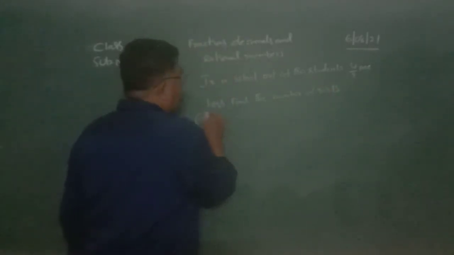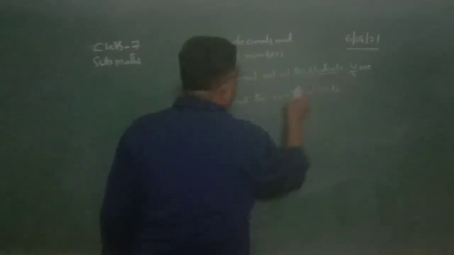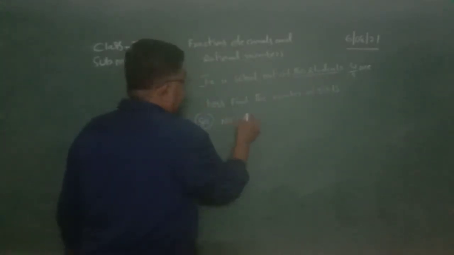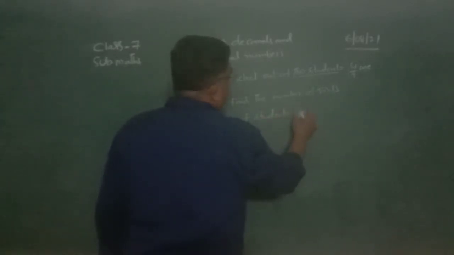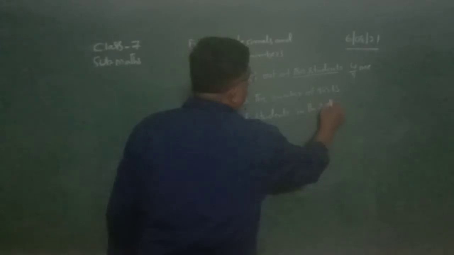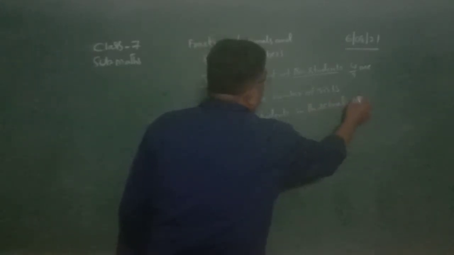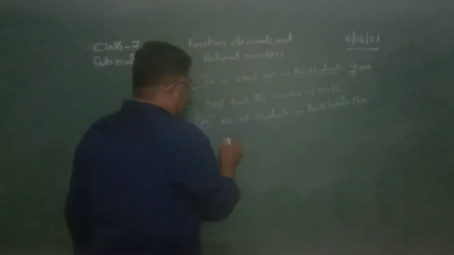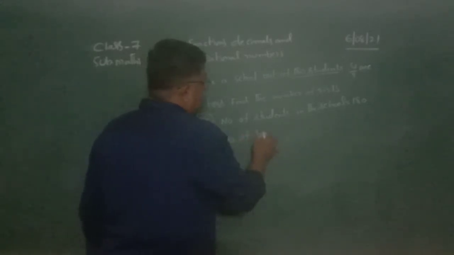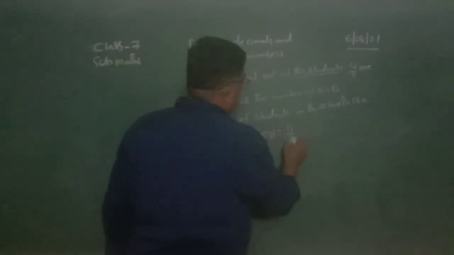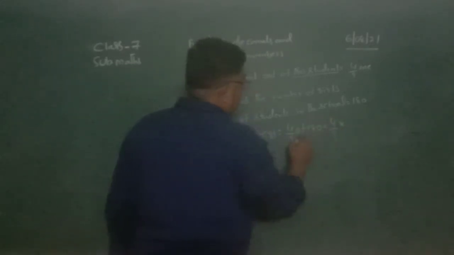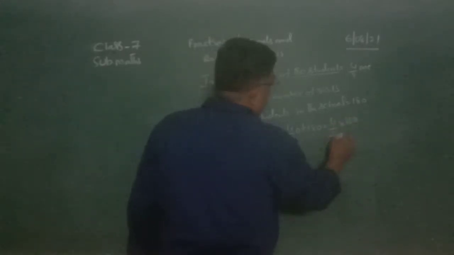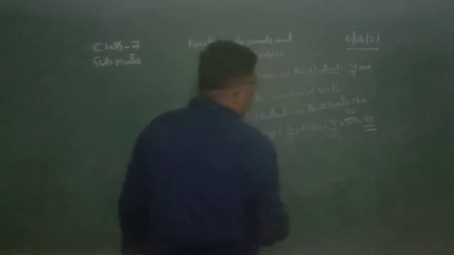Solution. How many students are there? 180. We start with that. Number of students in the school is equal to 180. Number of boys is equal to 4 by 9 of 180, where 'of' stands for into. 9 20s are 180, 4 into 20 is 80. So the number of boys is 80.